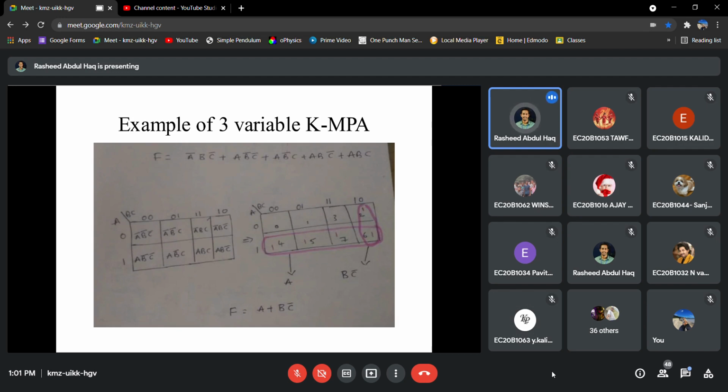If you want, you can group it in the truth table itself. That is the 4 ones. When the value of A is 1, we are getting the output 1. At the same time, B and C's values are changing, becoming 0 and 1. So the output is not dependent on B and C.